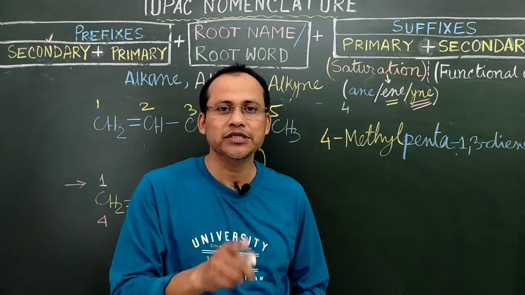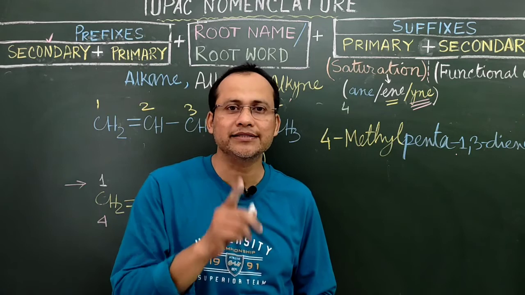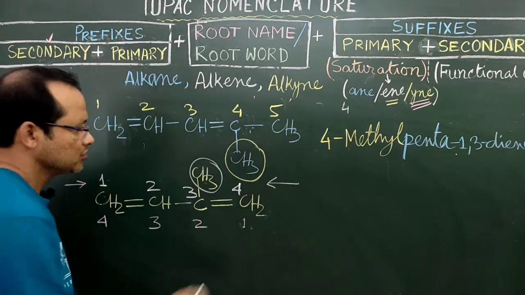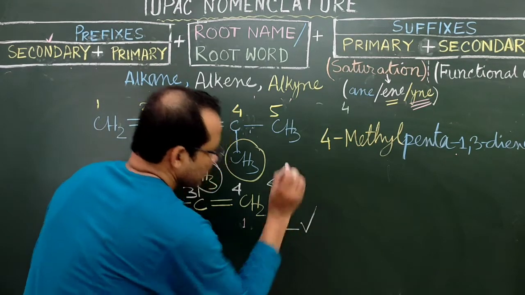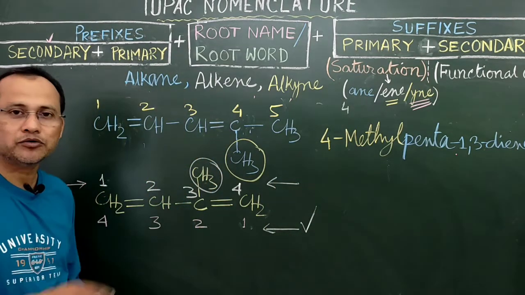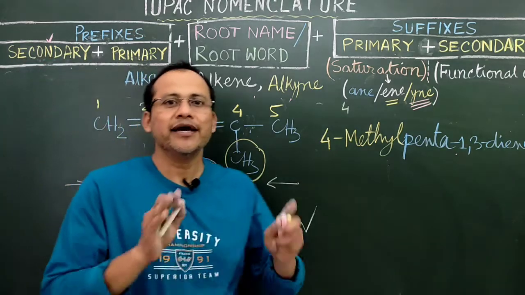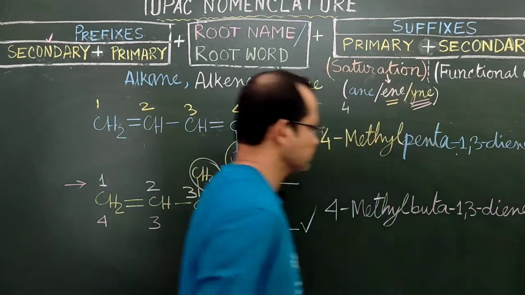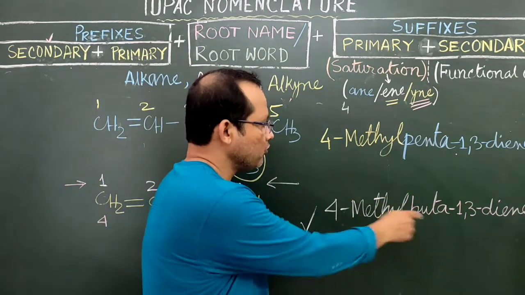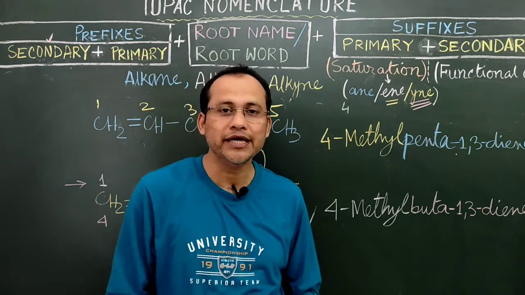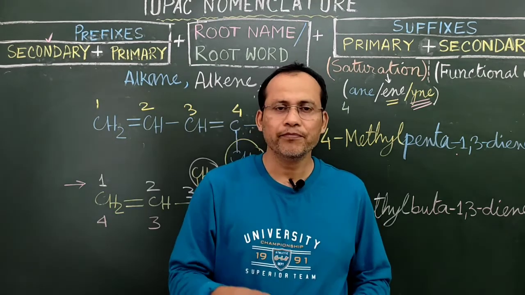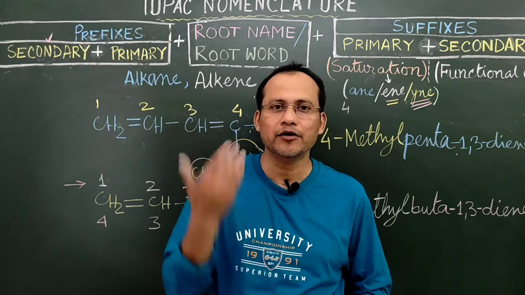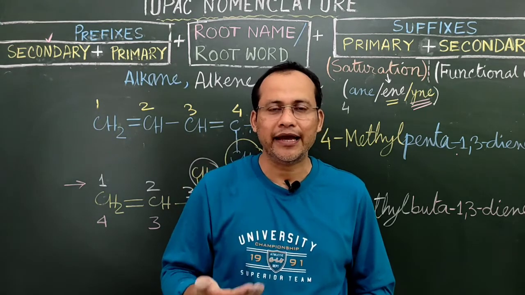Now we have to see from which direction this methyl is coming first. Since from right it is coming first, that will be the correct way of giving the number to the carbon atoms. After that, as usual, I am just writing the name. So it will be 2-methylbuta-1,3-diene. So one by one we have discussed almost all rules regarding the nomenclature of alkene and alkynes.